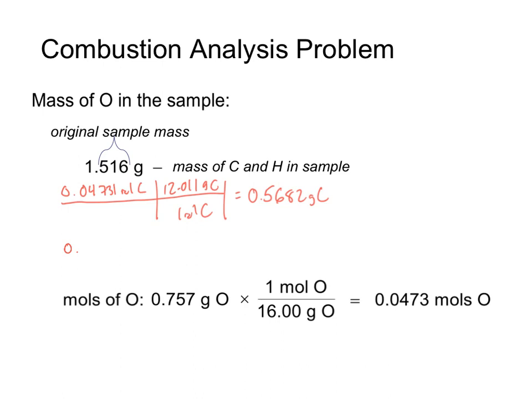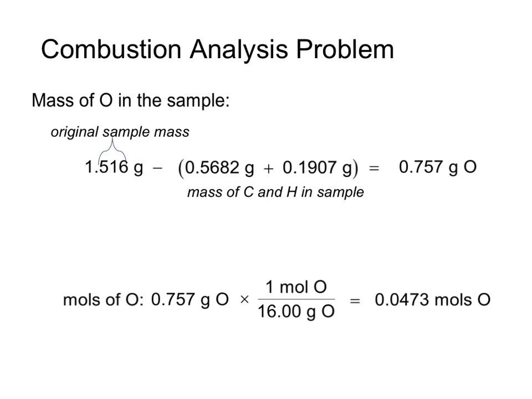Likewise, we found that our initial sample contained 0.1892 moles of hydrogen. We convert that over to grams using our molar mass. And we find that our initial sample contained 0.1907 grams of hydrogen. And so we can then input those and subtract them from our total initial mass.